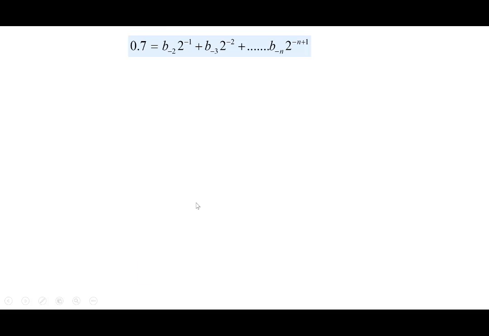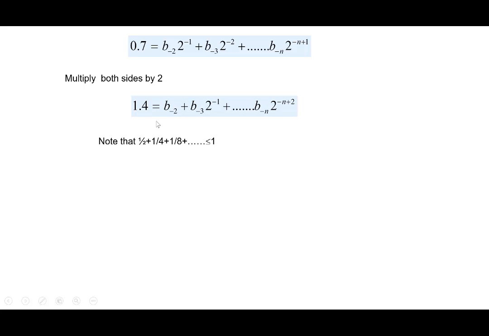We multiply by 2 again. Now we get 1.4, and comparing the two, we know that b minus 2 must be equal to 1, because the rest of the number cannot be equal to 1. It will always be less than 1, right? So to match the left and the right hand side, b minus 2 must be equal to 1.